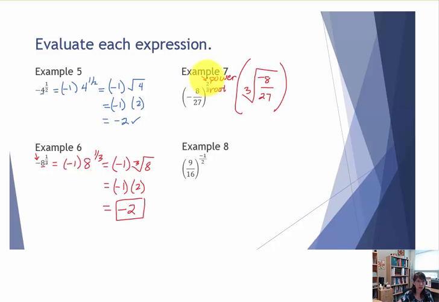Remember, that was the positive 2. So I want to work with the cube root first before I raise to the power. Since we have a fraction, you might be thinking about the quotient rule. We could break this apart as the cube root of negative 8 divided by the cube root of 27, and then we can raise to power of 2.